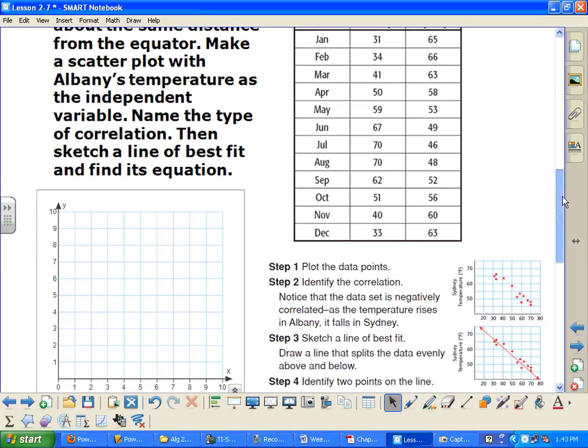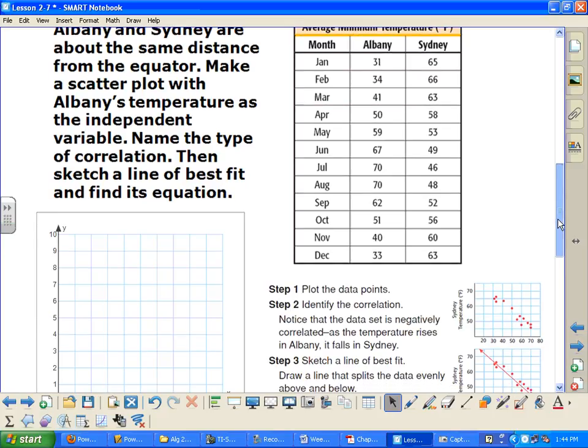All right, so first of all, we need to plot the points. Take out your piece of graph paper. Once again, Albany is our independent variable, so that's going to go on the x-axis, and Sydney is going to go on the y-axis. You might want to make a window. What's the largest x value we need?